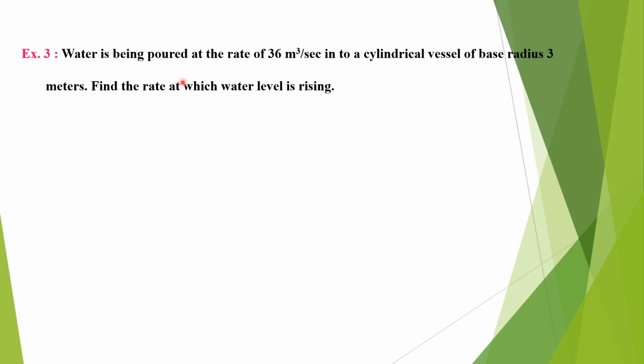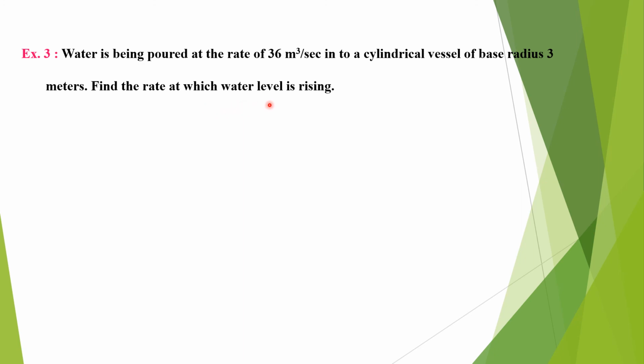Here it is given that water is poured at the rate of 36 meter cube per second, which means the volume with respect to time, that is dV by dt, is 36 meter cube per second. The condition is that the radius of the base is 3 meters. Find the rate at which the water level is rising, which means the height is rising. We have to find dh by dt.